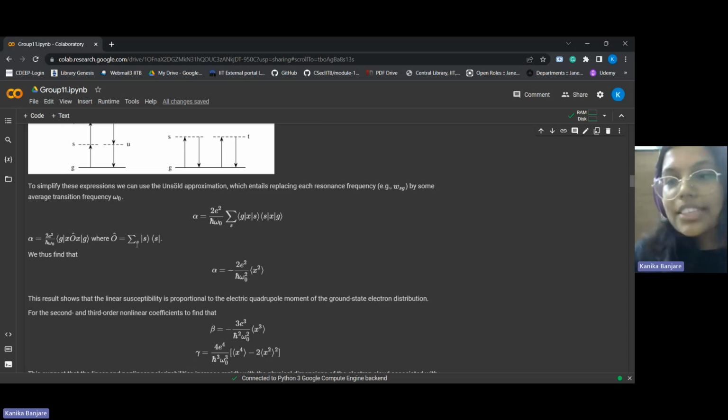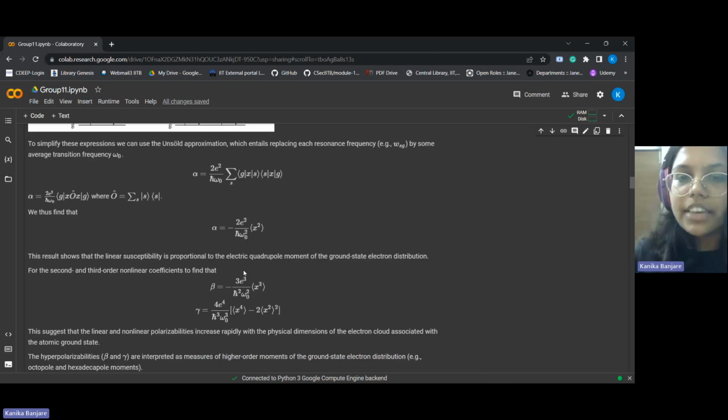Also, this summation becomes 1 due to the closure relation of quantum mechanics, and we can find a much simpler formula, which is given here: alpha equals 2 e squared upon h bar omega naught squared, times this x squared.